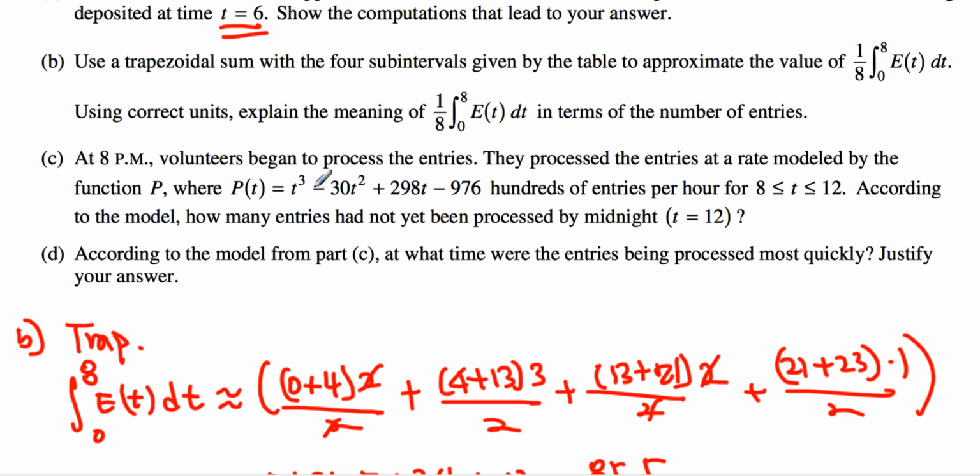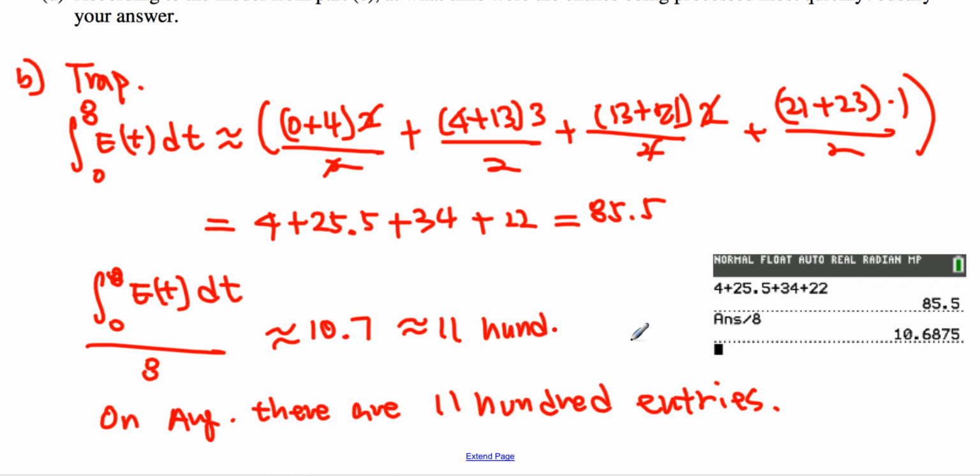The volunteers begin to process at 8 p.m. and then the rate is given by this, in hundreds of entries per hour. Now, according to the model, how many entries have not been processed by midnight? So then, the total at this point would have been 2300.